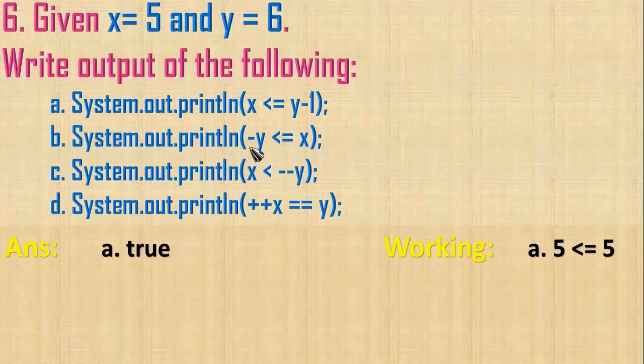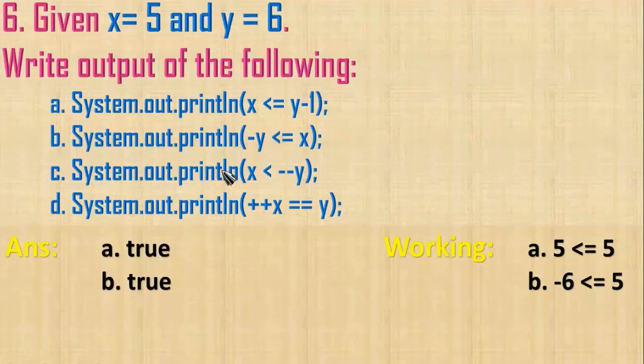The next, minus y. Y's value will become minus 6. Then x value is 5 as it is. So minus 6 is lesser than or equal to 5, that is true. Now minus minus y, it will become 5. X is 5. So 5 is lesser than 5, it is false.